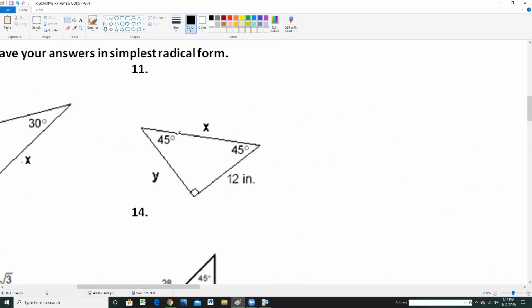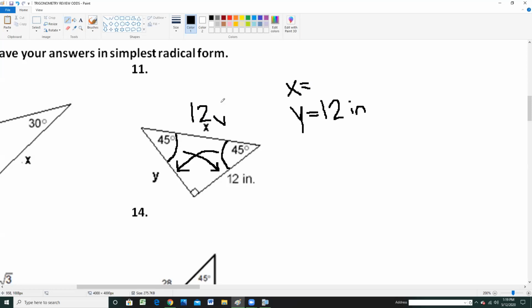This one comes down to the fact that if you ever have two of the same angle, then you will also have two of the same side, which means y is also 12 inches. Now, whenever you get this special kind of triangle, the shortcut for this one isn't radical 3, it's radical 2.